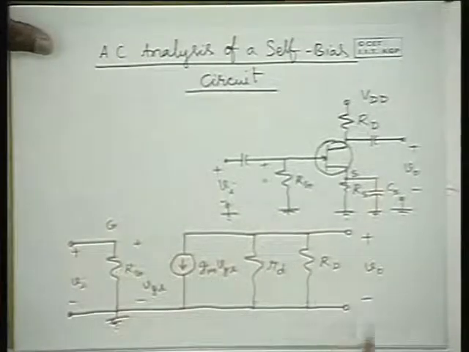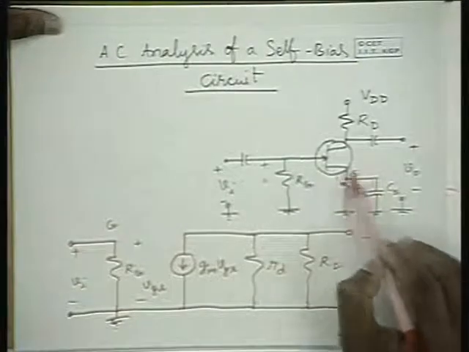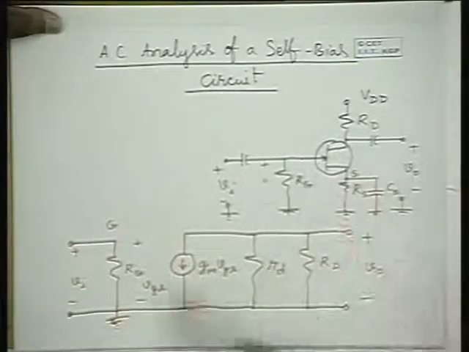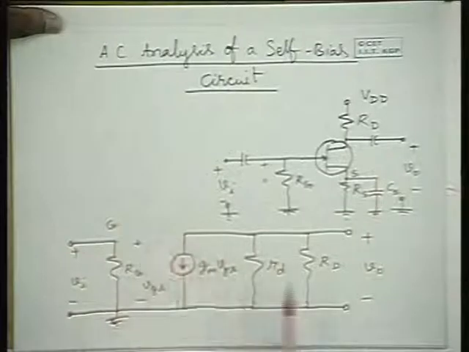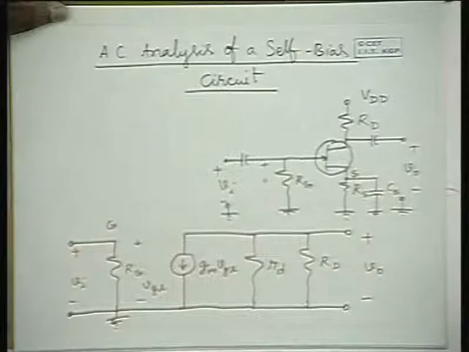And this is the equivalent circuit of the amplifier, which involves the FET equivalent circuit. Part of it is the FET equivalent circuit, and the remaining circuit elements are also coming into picture.